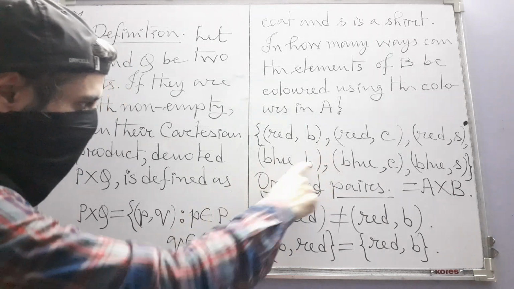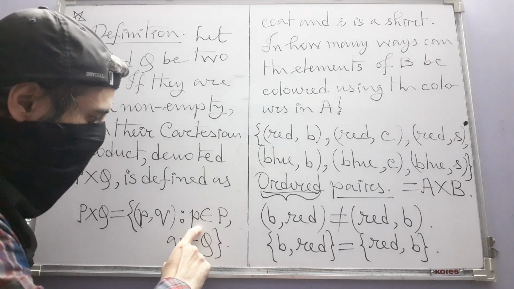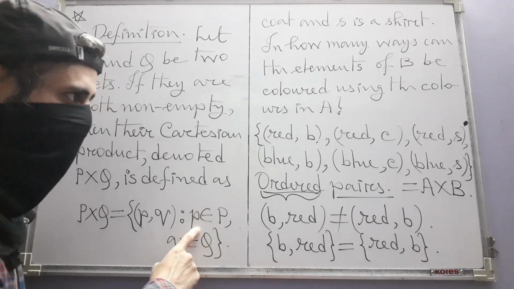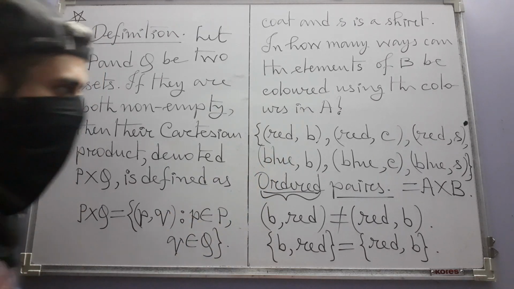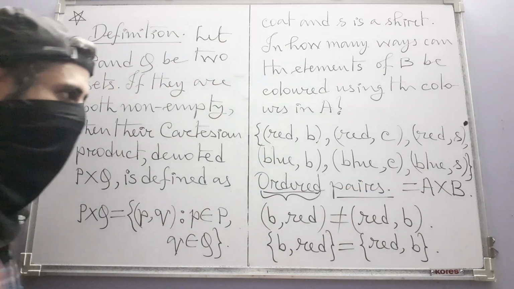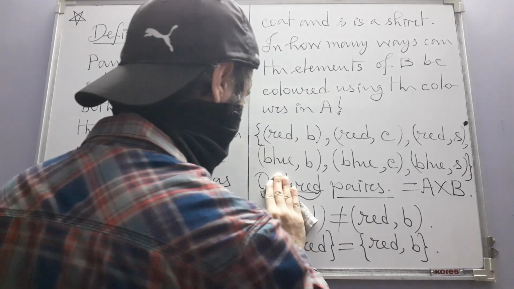The only difference is that this has been expressed in the set builder form, but this has been expressed in the roster form. If you want, you can express A times B also in this form.